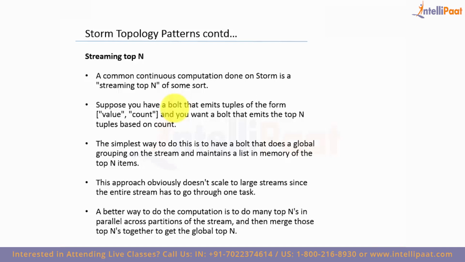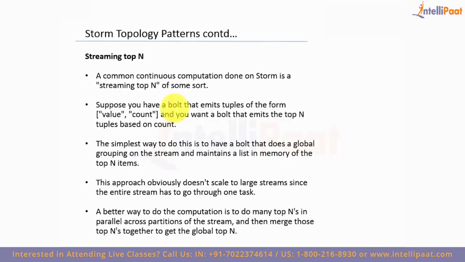A common continuous computation done on Storm is a streaming top N of some sort. Suppose I have a bolt that emits tuples of the form value and count. Now we are heading in the direction of trend setting. And we want a bolt that emits the top N tuples based on the count.